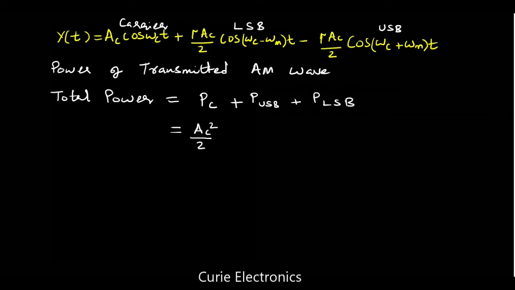Similarly, for the lower sideband, this whole thing is the amplitude term. So 1 by 2 multiplied by the square of this amplitude will give the power of the lower sideband. That is 1 by 2 multiplied by mu Ac upon 2 whole square.